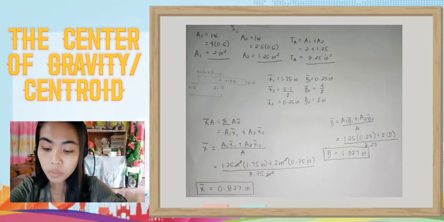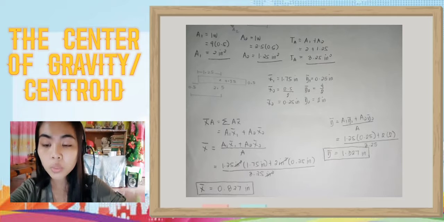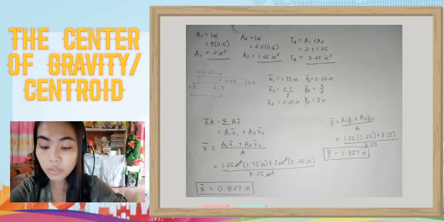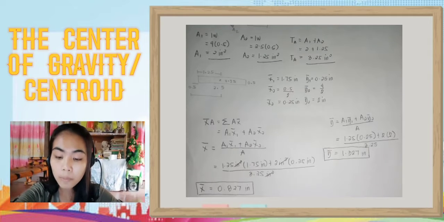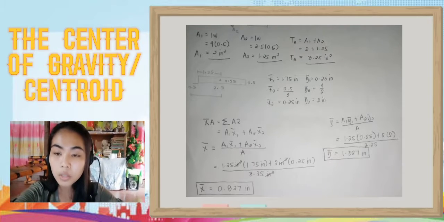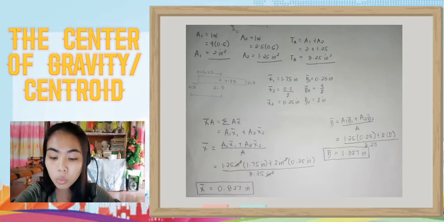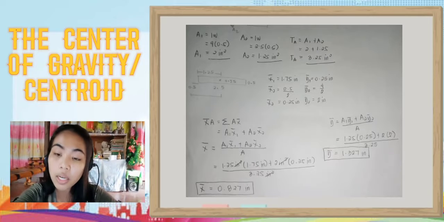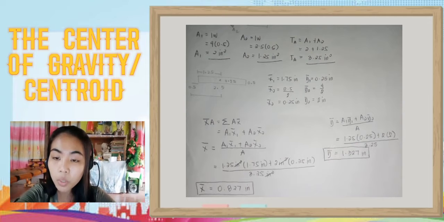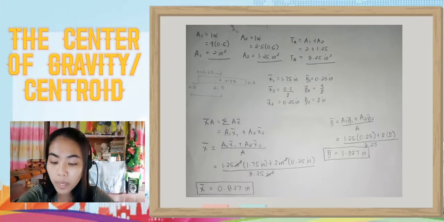So, 2.5 times 0.5, ang area 2 natin is equals to 1.25 inches squared. So, kukunin na lang natin yung total area ng dalawa. So, total area is equals to area 1 plus area 2. So, ang area 1 natin is equals to 2. Plus, ang area 2 natin is equals to 1.25. So, i-add lang natin yan lahat. So, ang total area natin is equals to 3.25 inches squared.